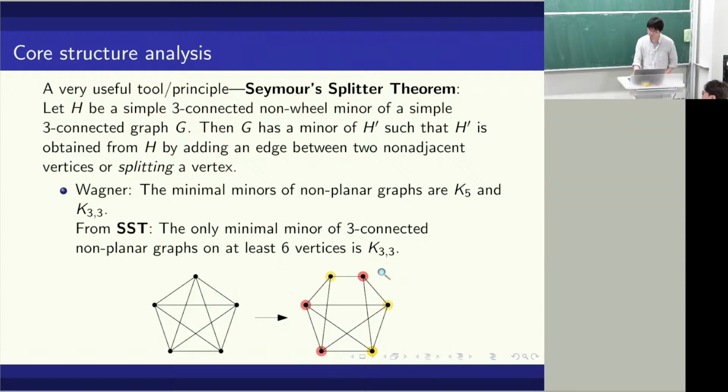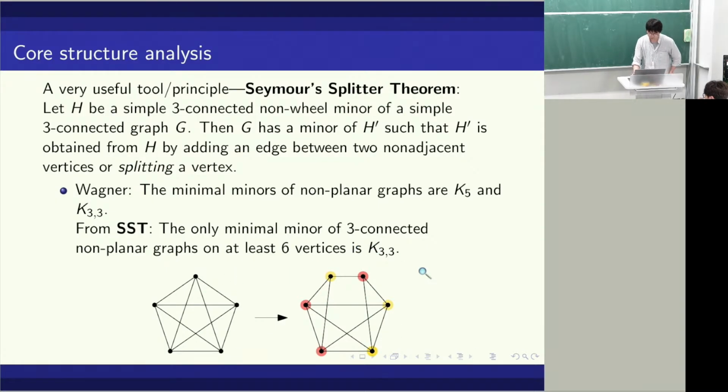But this graph contains K33 as a minor. Therefore, we conclude that every 3-connected non-planar graph on at least 6 vertices has K33 as a minor.